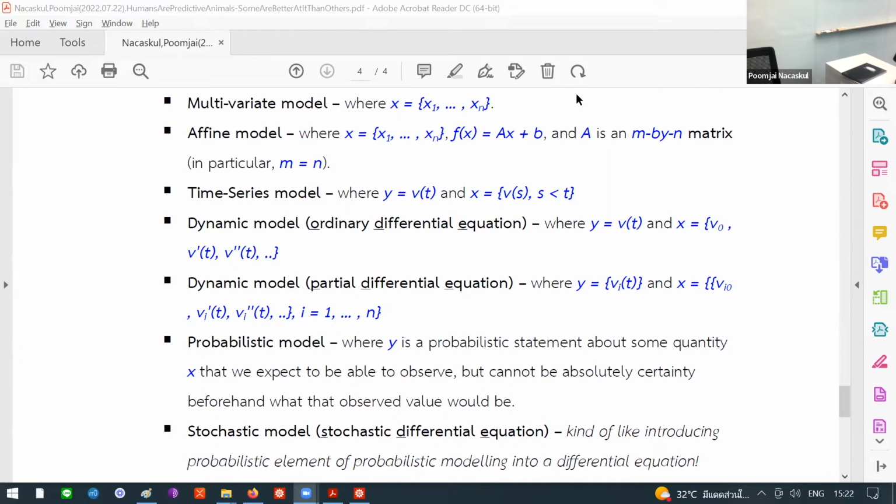So the first complication we talked about is, what if x is not one x? It's not one quantity, but a set of attributes. Let's say there are 5 of them, or 10 of them, or 20 of them. In this case, this is where you talk about a multivariate model.